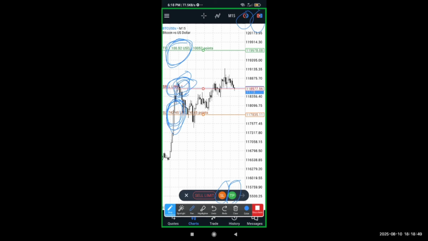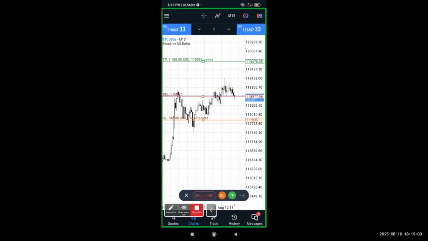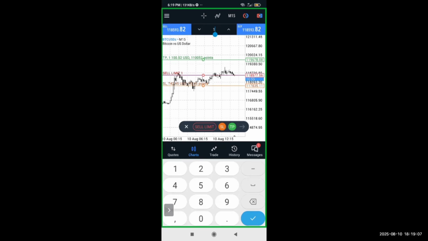So I want to enter with a 0.1 lot at this particular market level. That's why I'm setting the limit order there. So let me click on that button. You can see the one is there because of this one that we are seeing, the limit is 1. So be checking the limit 1 and the profit and the stop loss, they will be changing. So if I use 0.1 lot, you can see how much I will be risking.